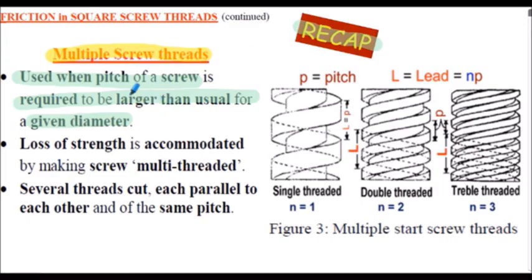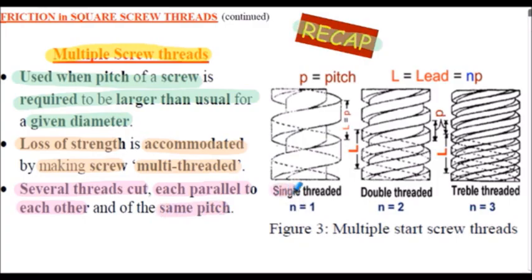So although multiple screw threads provide this larger movement, there is implicitly a loss of strength because there are fewer threads per unit length. This loss of strength is accommodated by making the screw multi-threaded. This means that several threads are now cut, each parallel to each other, and of course having the same pitch.